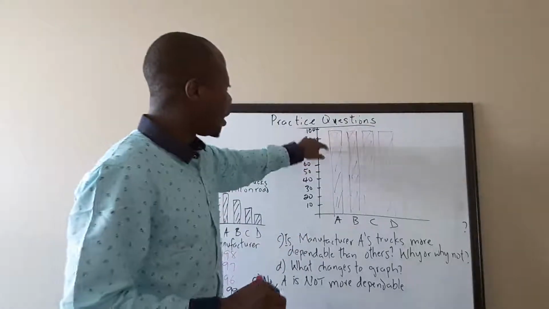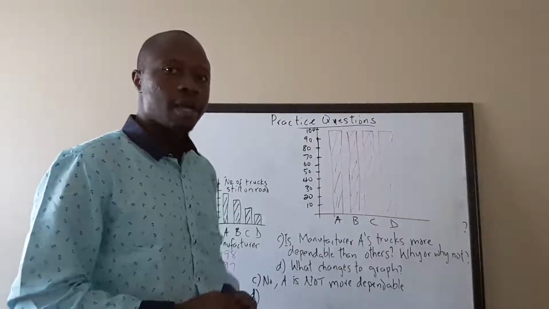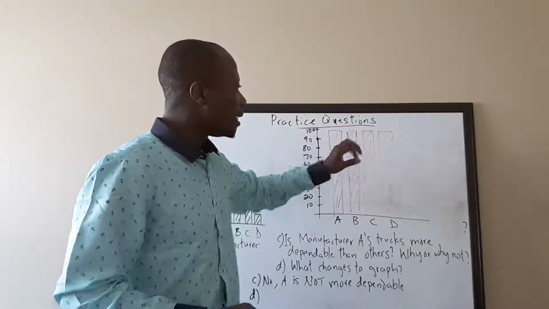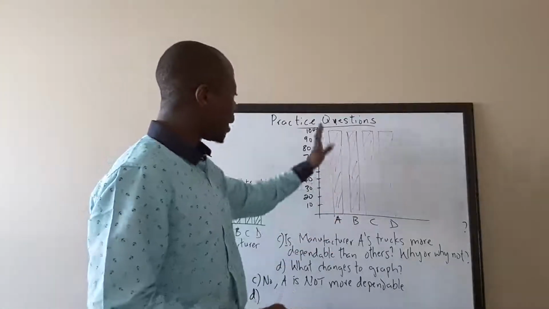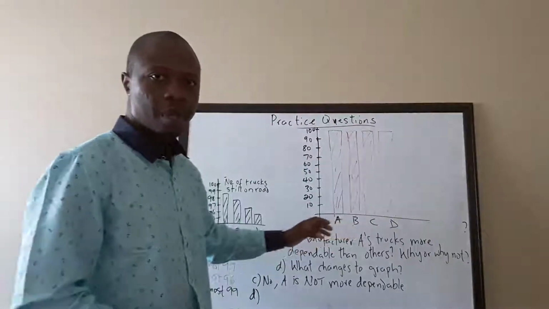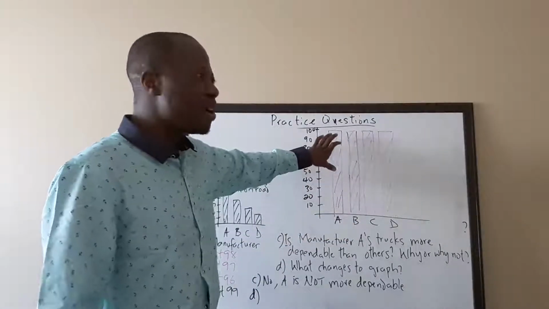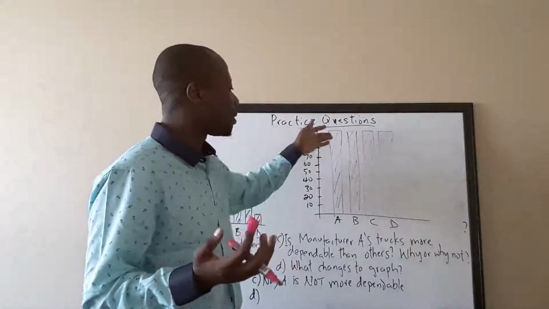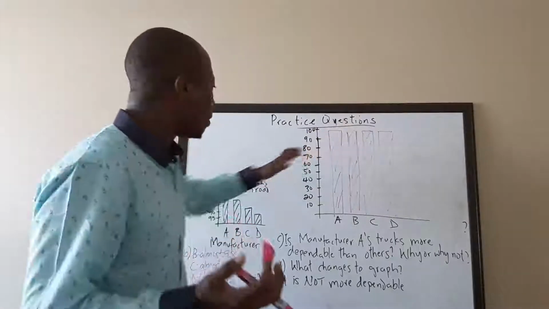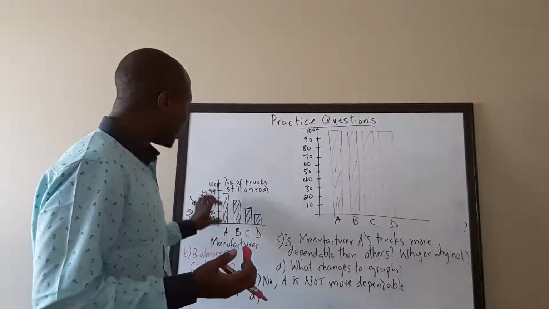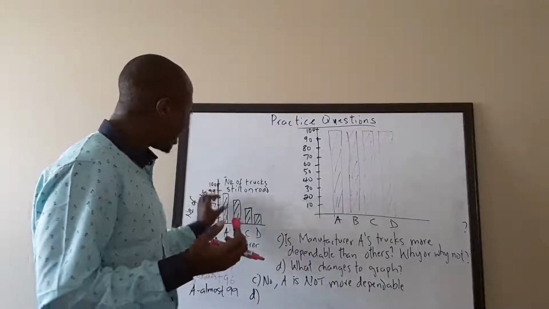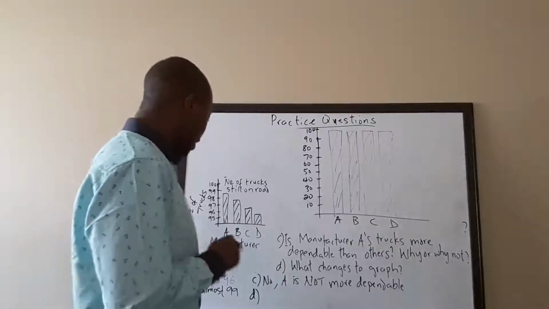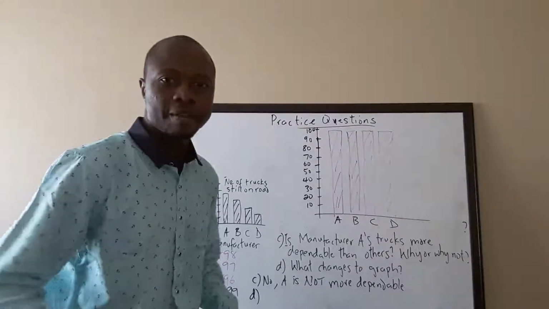Now looking here, this is a better representation of the four different manufacturers, because it shows that there's only a slight difference from A to B to C to D. So there's not really a big advantage in going with manufacturer A over B, C, or D, unlike what this one was showing, a huge gap between A and B and C and D. So that will be the change that I'll make to this particular graph.